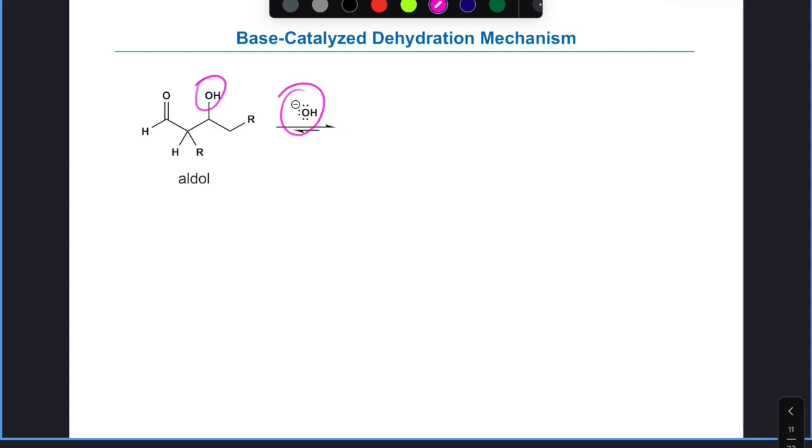What I'm trying to do here is take this structure and turn it into a double bond, removing both that and that group down here. How this happens under basic conditions: go after the acidic proton first.